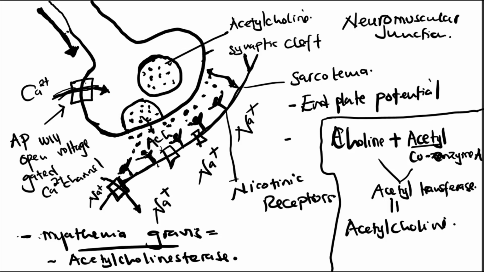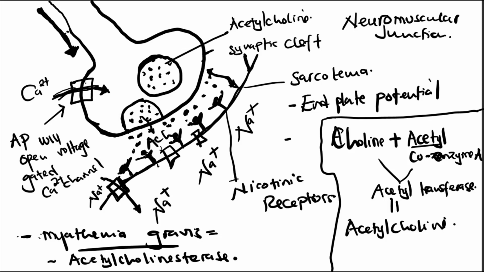Now, there are times where the acetylcholinesterase is inhibited or it is deficient. What that means is that the acetylcholine that was released in the synaptic cleft won't be destroyed. And if that happens, it means that there will be continuous stimulation of your muscle cell, because your acetylcholine will continuously bind to the nicotinic receptors.